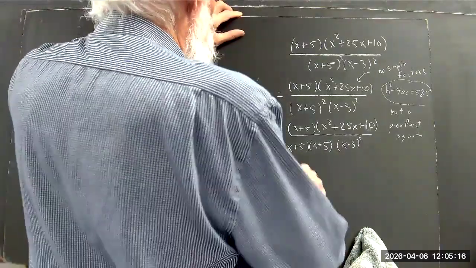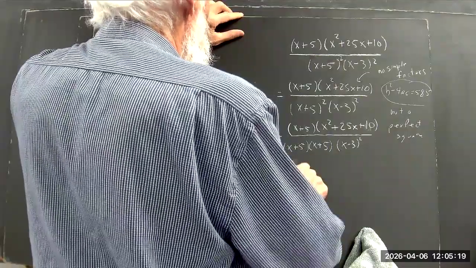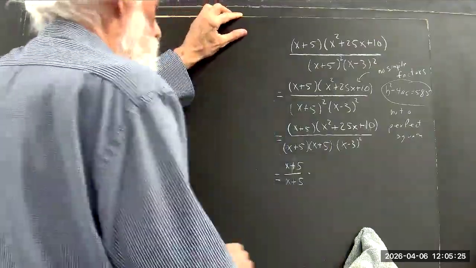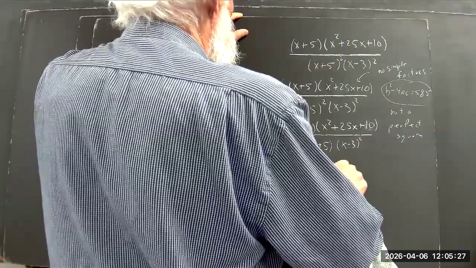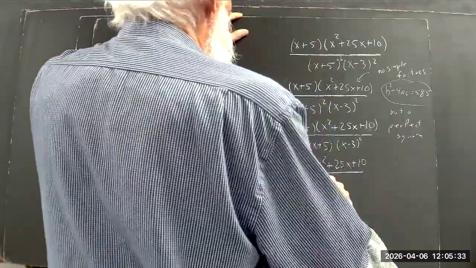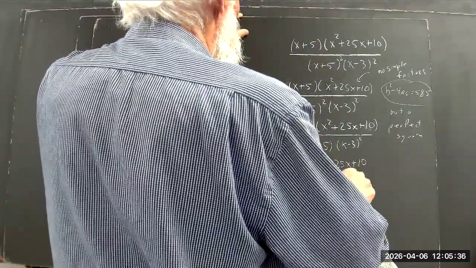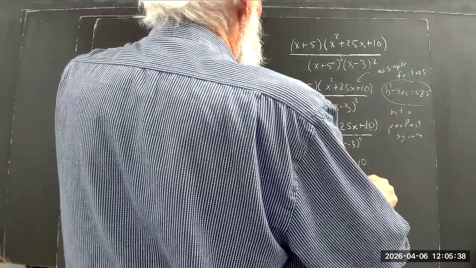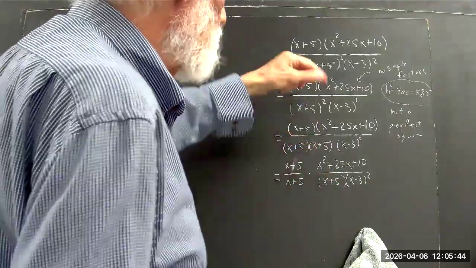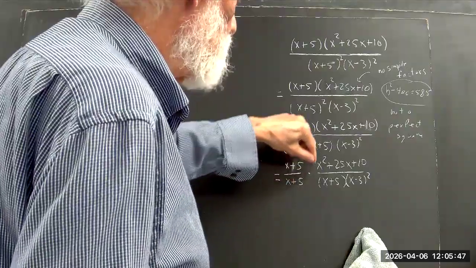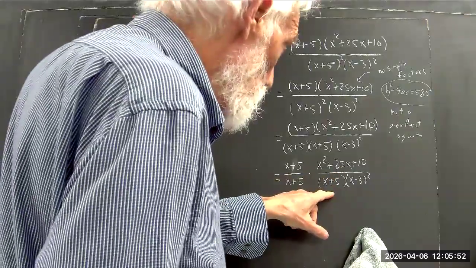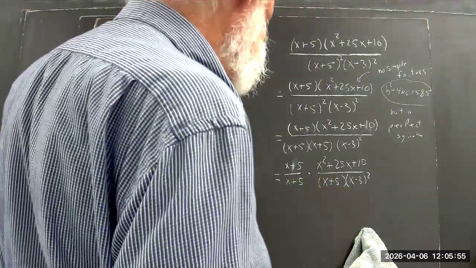Now I could write this as x plus 5 multiplied by x squared plus 25x plus 10, divided by, well, there's the other x plus 5. We have to have it. So our denominator has x plus 5 multiplied by the other x plus 5 multiplied by x minus 3 quantity squared.